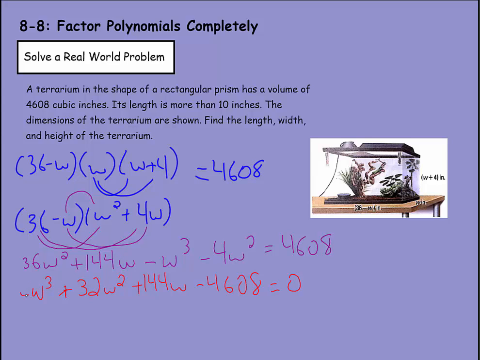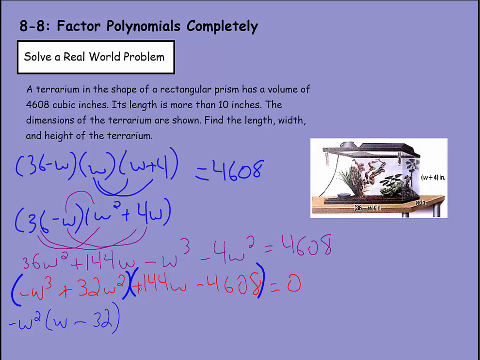I kind of like this grouping because we have w to the third and w to the second, so I have a feeling this grouping will work. If you look at these two, I notice they both have w squared. And I would like to get rid of this negative, so let's factor out negative w squared. So that's going to leave me with w over here, and then this is minus 32.